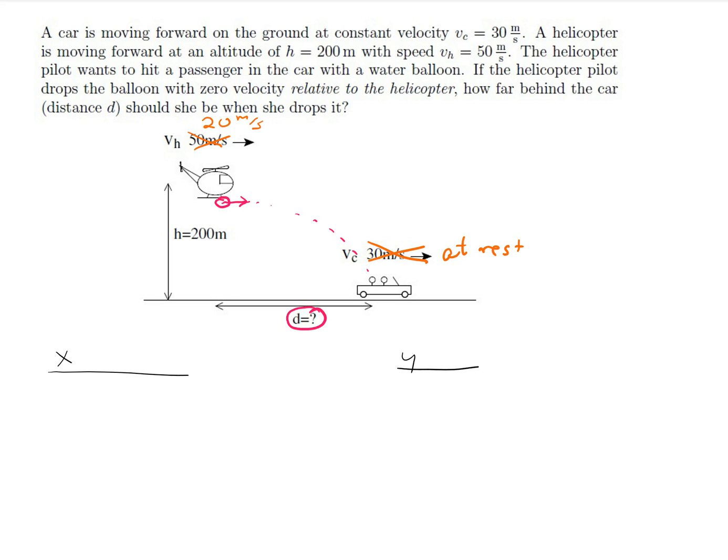And so let's make some definitions. Let's call where the water balloon starts x equals 0 and where the car is x equals d. So we'll say the water balloon starts at x naught equals 0, and the water balloon has some x velocity due to it coming from the helicopter that's moving forwards.